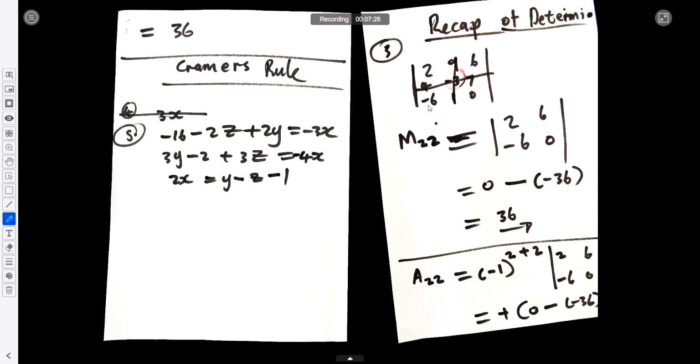We need to solve for x and y. So solving for x and y, we need to deduce the determinants. But you cannot deduce the determinants before you simplify the equations to be in a form where we have x, y, z equals to the constant.